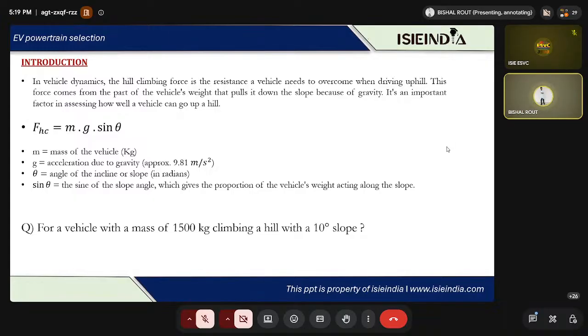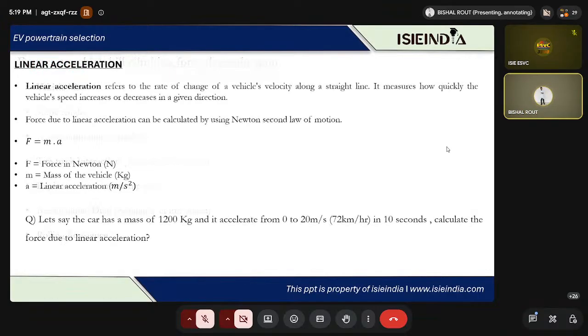But for the hill climbing force, we are going parallel to the road, so we focus on the sine theta. That's why we have mg sine theta. I hope this is clear. Don't be confused: hill climbing force is mg sine theta, but rolling resistance force is mg cos theta.